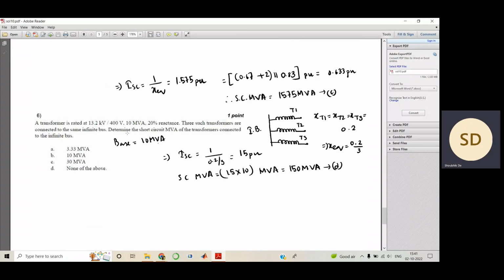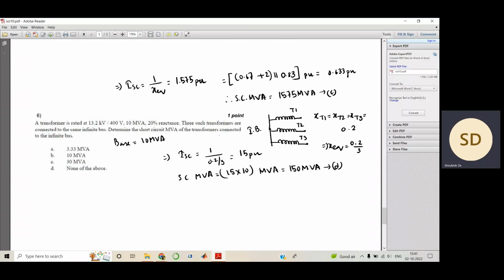Okay, so I have shown this diagram here. There is an infinite bus here, and here there are three transformers connected. Now they are telling us to determine the short circuit MVA of the transformers connected to the infinite bus.